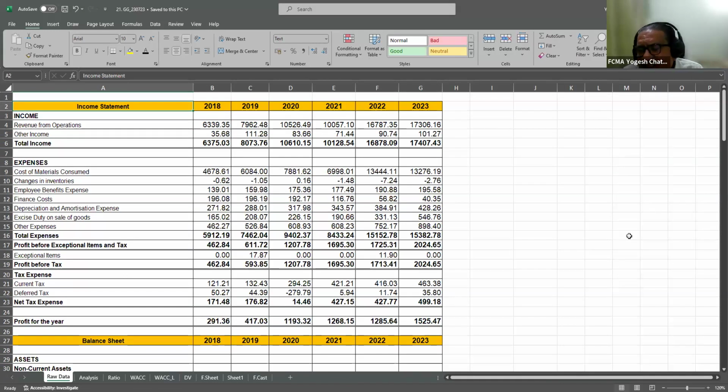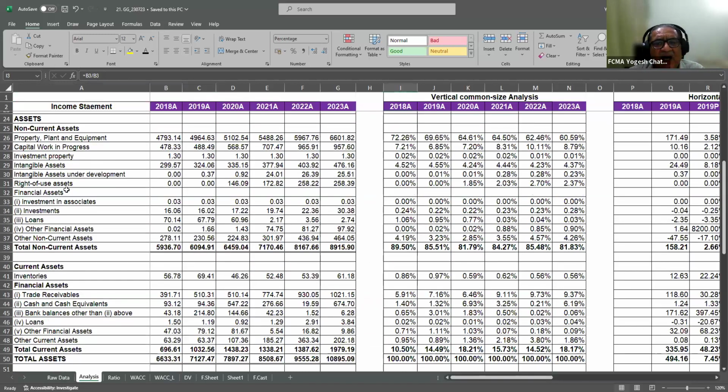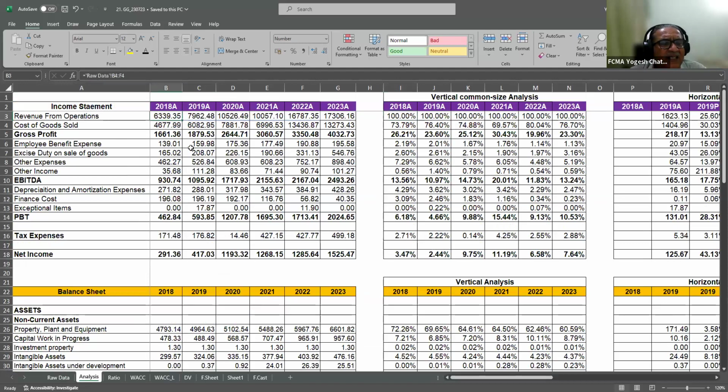The Companies Act provides us the format, but in valuation, this format is not useful. So for analysis purposes, what I have done is rearranged the income statement. I have rearranged the income statement.